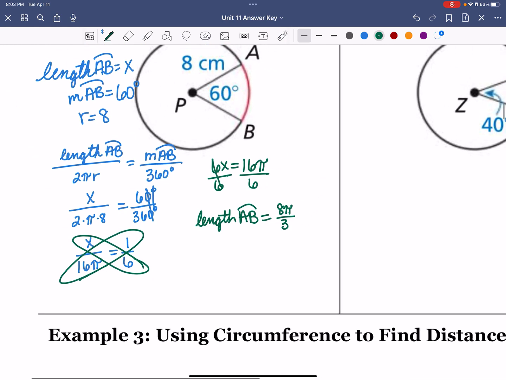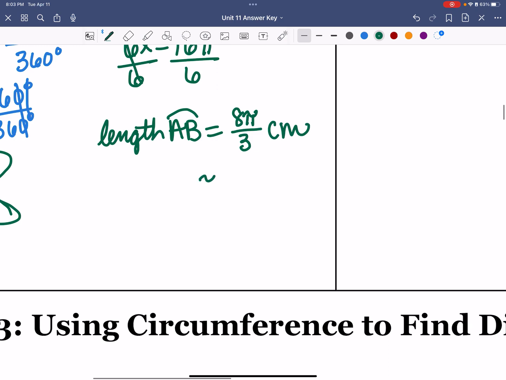That's that lovely fraction reduce. Centimeters, which is going to equal just about 8.38 centimeters. Okay, so that is the first part.